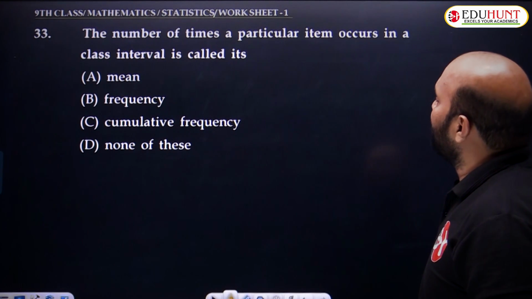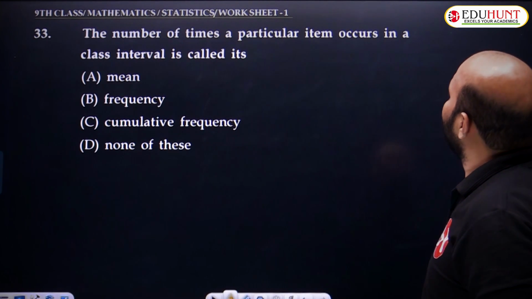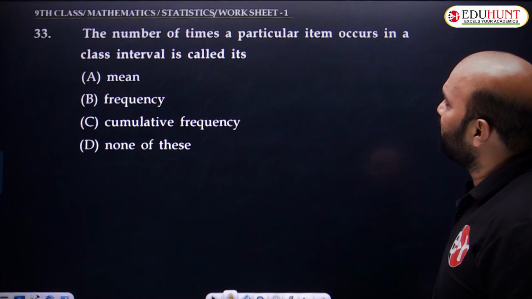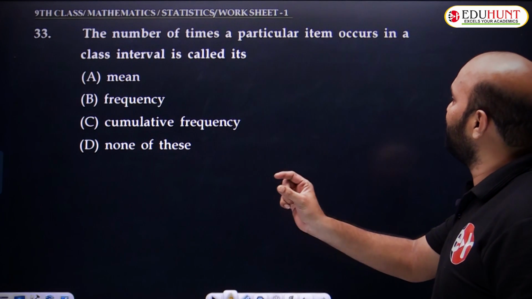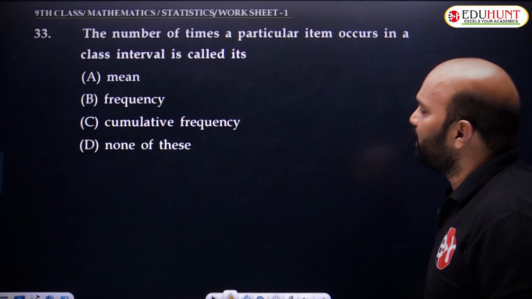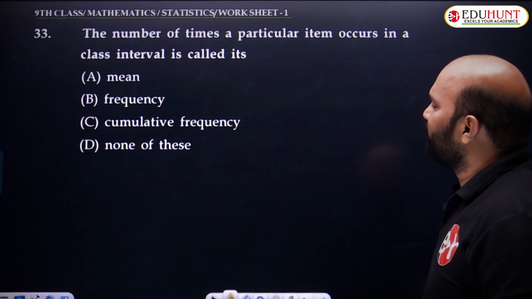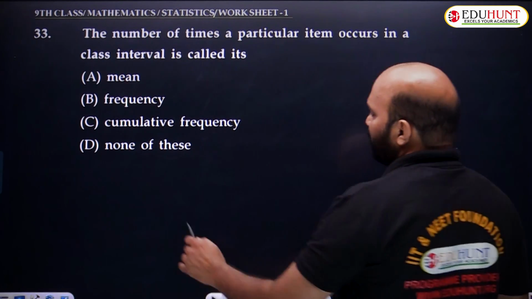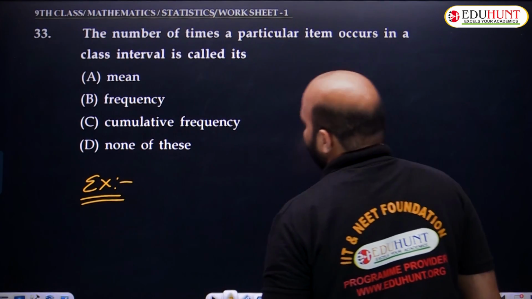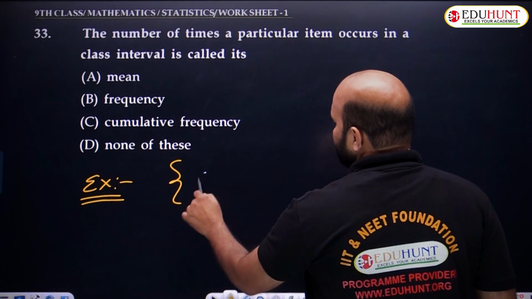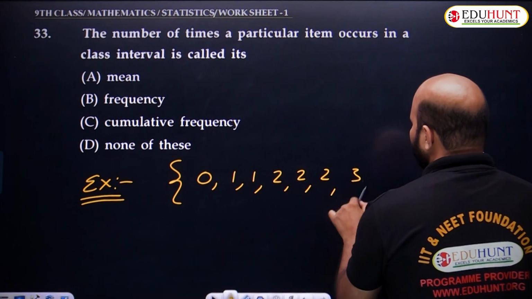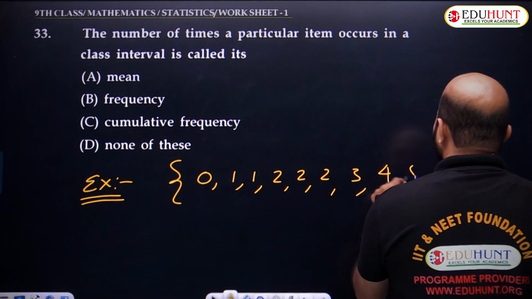The number of times a particular item occurs in a class interval is called its: mean, frequency, cumulative frequency, or none of these. For example, let me take a data set: 0, 1, 1, 2, 2, 2, 3, 4, 5, 6.